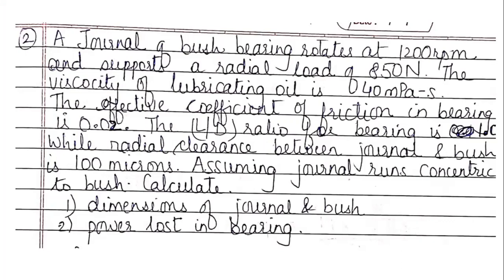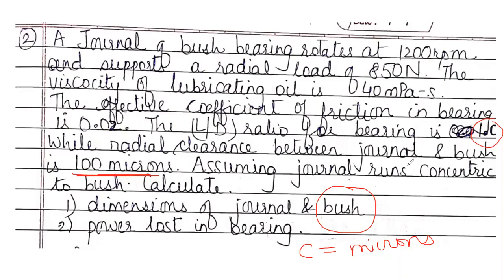The L by D ratio for the bearing is given as 1.0, while the radial clearance between journal and bush is 100 microns. Clearance C is given in microns, we'll have to convert it into mm. Calculate dimensions of journal and bush and power lost in bearing.